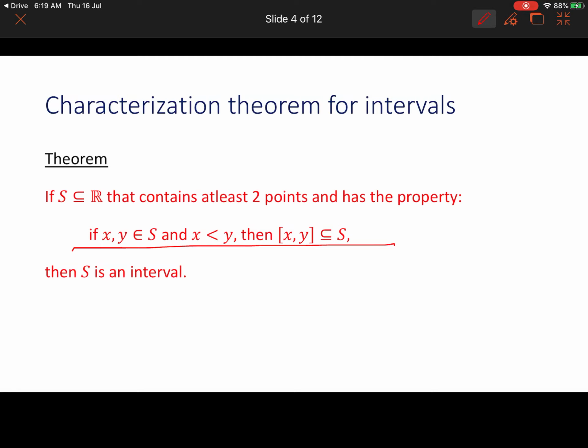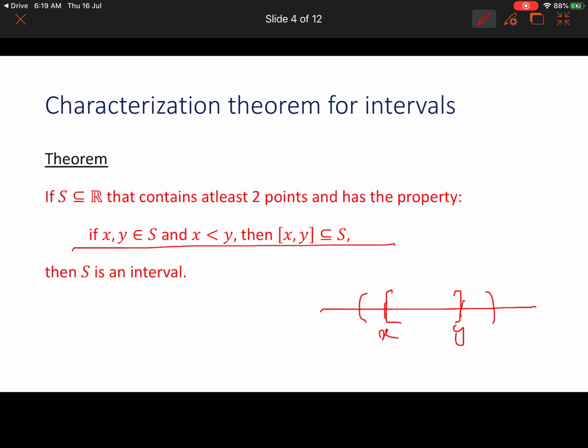So every interval has this property and only intervals have this property. That every interval has this property is understood. If we have an interval here, you take an x and y from this interval, then the closed interval [x, y] will be contained in that interval itself.